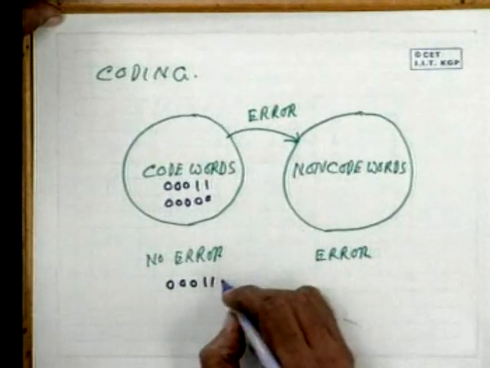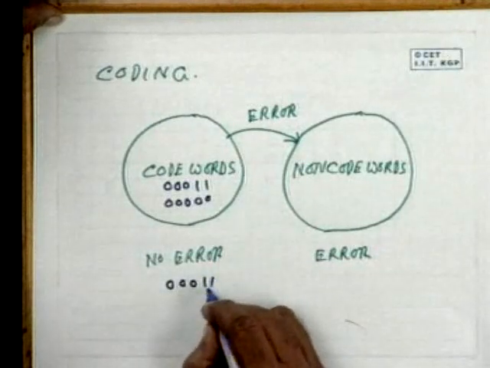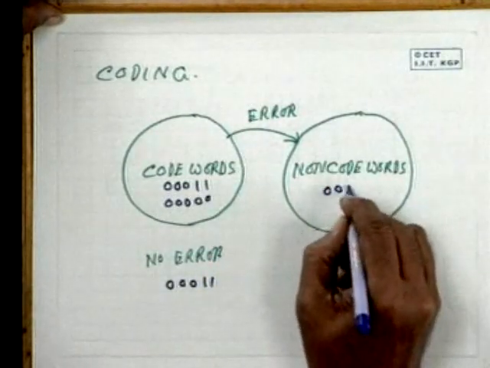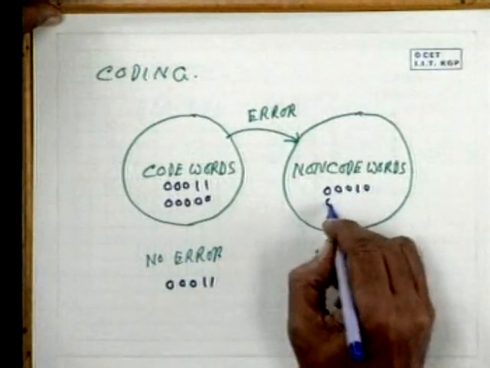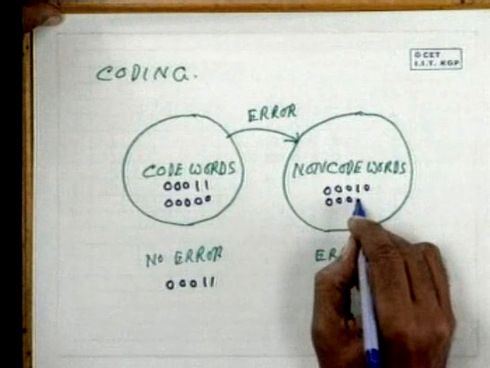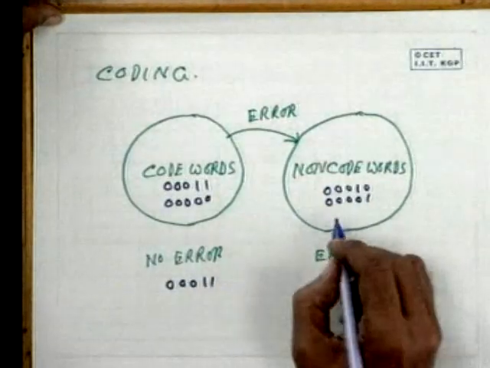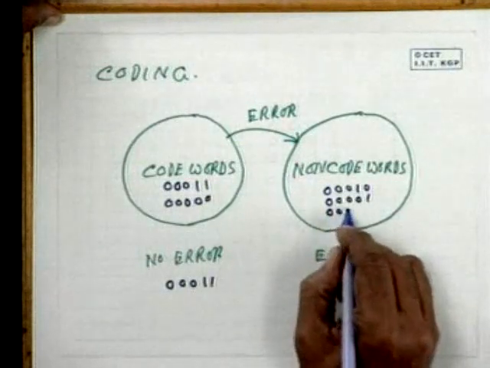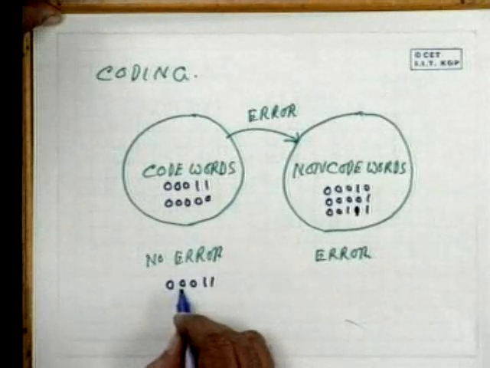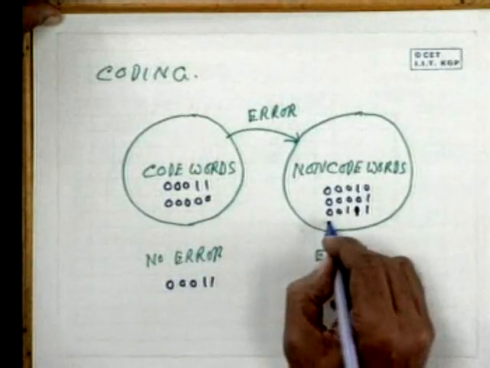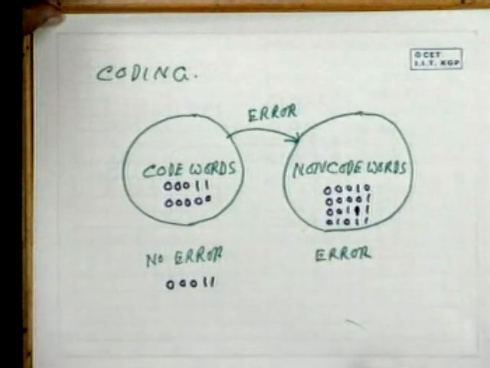If this bit gets corrupted, we get 0 0 0 1 0. If this bit gets corrupted, we get 0 0 0 0 1. If this bit gets corrupted, we get 0 0 1 1 1. If this bit gets corrupted, we get 0 1 0 1 1, and so on.